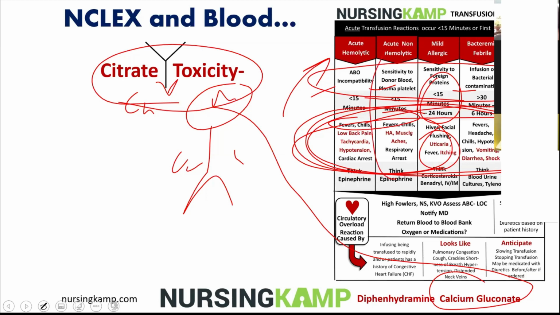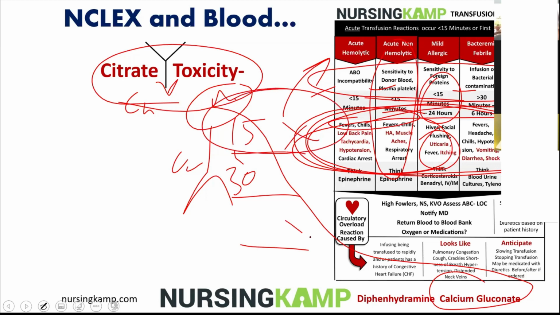Non-hemolytic: headache, muscle aches, respiratory arrest most likely. 15 minutes, then we go into timing. So you want to do this 15, 30, and just say, okay, where am I in this question? And then based on that, you can get to where you want to go.